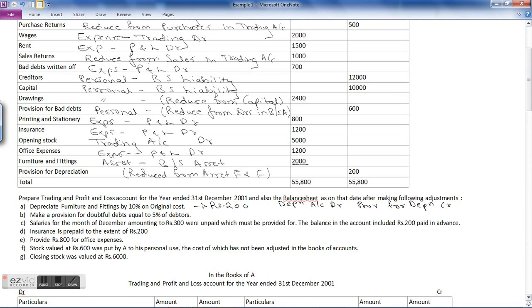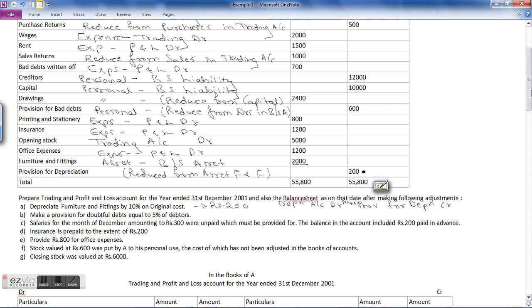That will be the entry. Now one effect will go to your profit and loss account debit side. Provision for depreciation will be credited, so the credit balance of provision will increase, so I'll put a dot here, so that you understand that there is one adjustment in provision for depreciation.